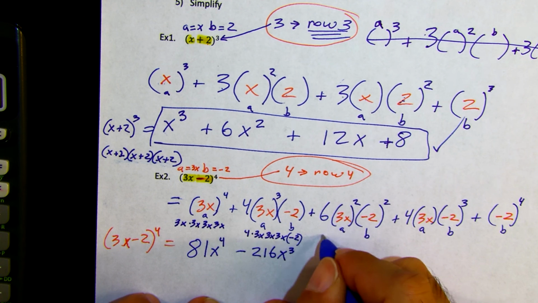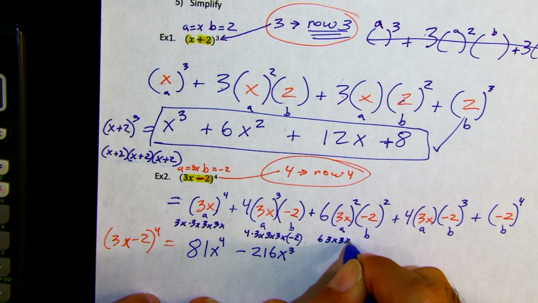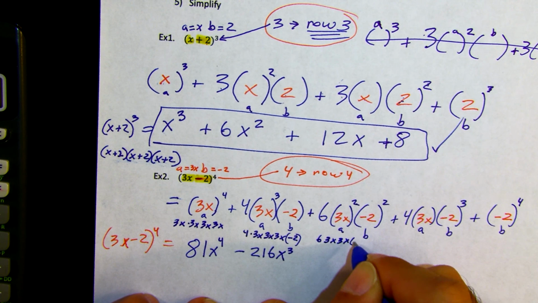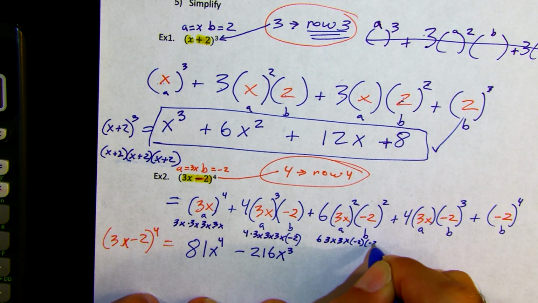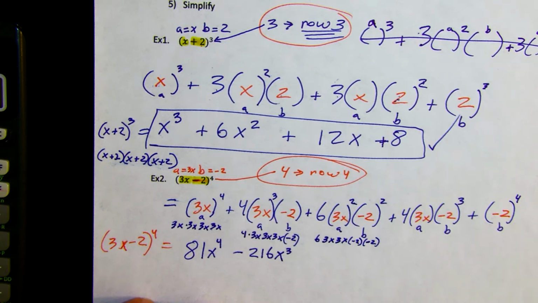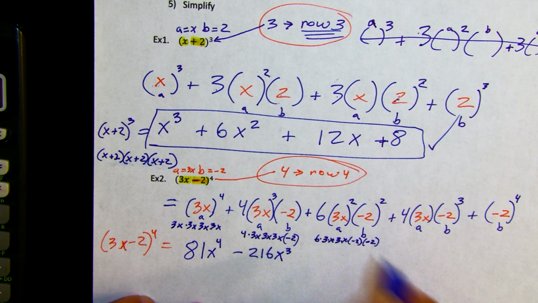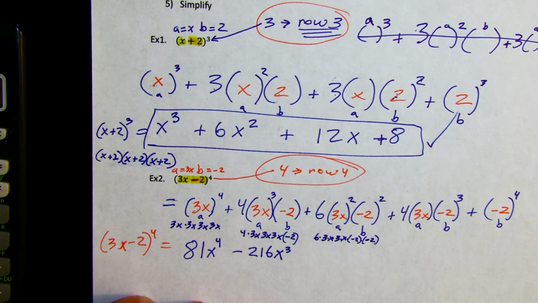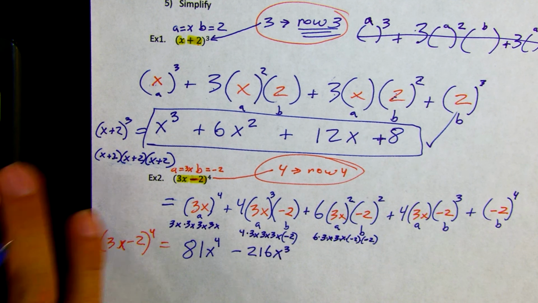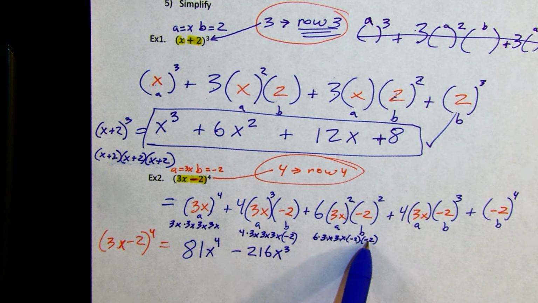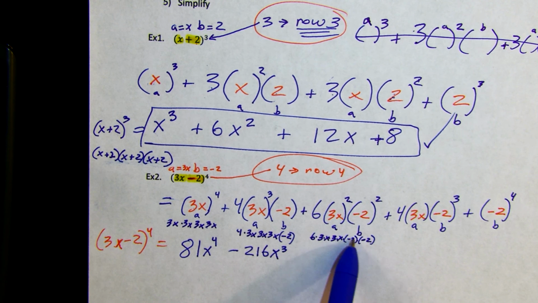All right, so next we have 6 times 3x, 3x because it was squared. And then we have a negative 2 and a negative 2. So we got to multiply all these together. Keep in mind that a negative times a negative will be a positive.